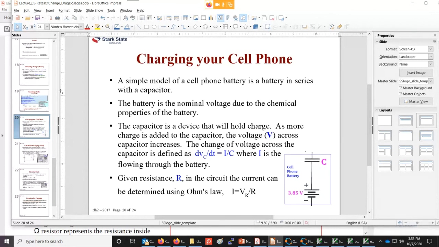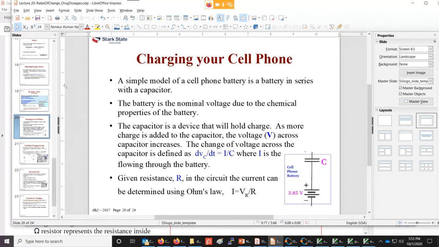So if it's a lithium ion cell, depending on the actual chemical makeup of the cell, it's maybe 3.7 to 3.8 volts, 3.85 volts, something like that. And that's just, again, due to the chemistry of that battery.